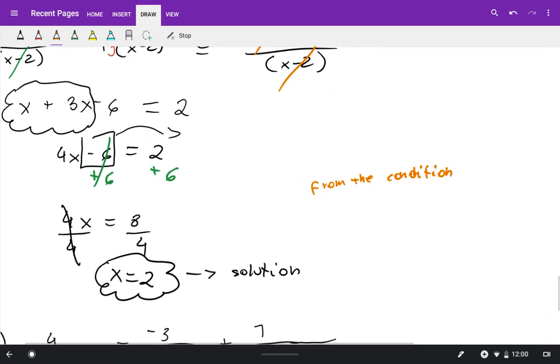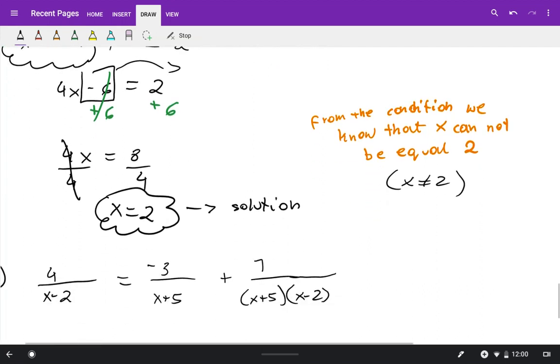So from the condition, we know that x cannot be equal to, which means, again, x can't be equal to. So look what happened. We solve it and I end up with x equal to.